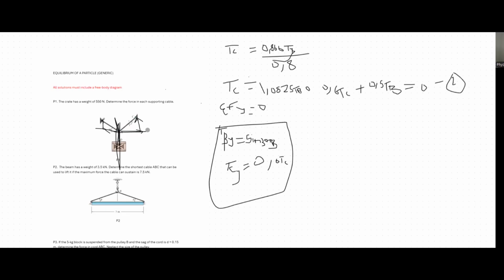So we are going to substitute this into here because we know that TC is supposed to get TB. Oh, I almost forgot. Remember the 550, it's in the y-axis, so you say minus because it's going downwards.